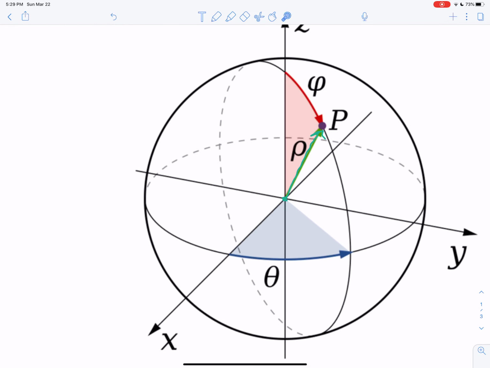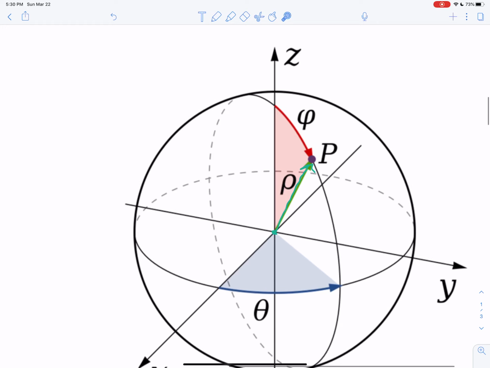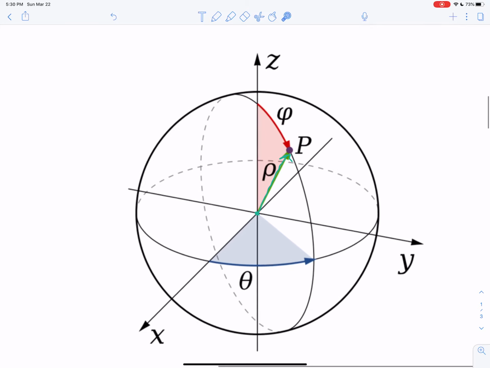We're used to measuring angles from the positive x-axis. In this case, phi is a measure from the positive z-axis. So here's the positive z-axis, and this phi angle is measuring up there. This is also called the zenith angle. If you know anything about astronomy, the zenith is looking straight up into the sky. So this is an angle away from the zenith, or the top of the plane. Right? So you're measuring from the positive z-axis. So that's important to keep in mind.